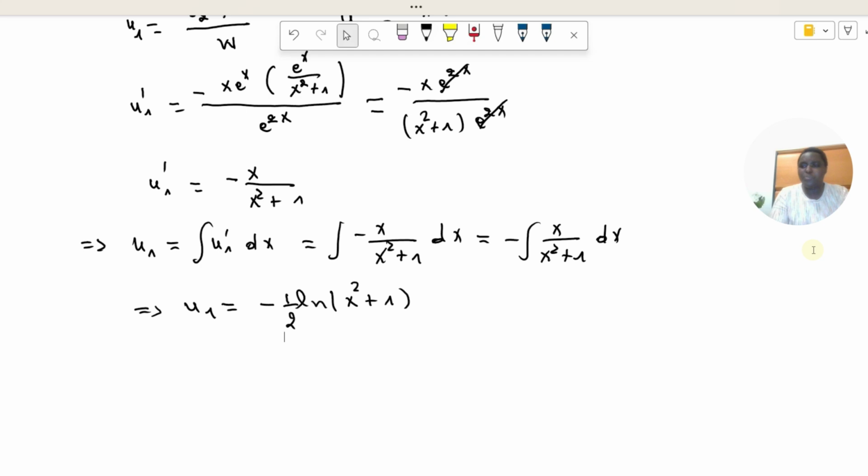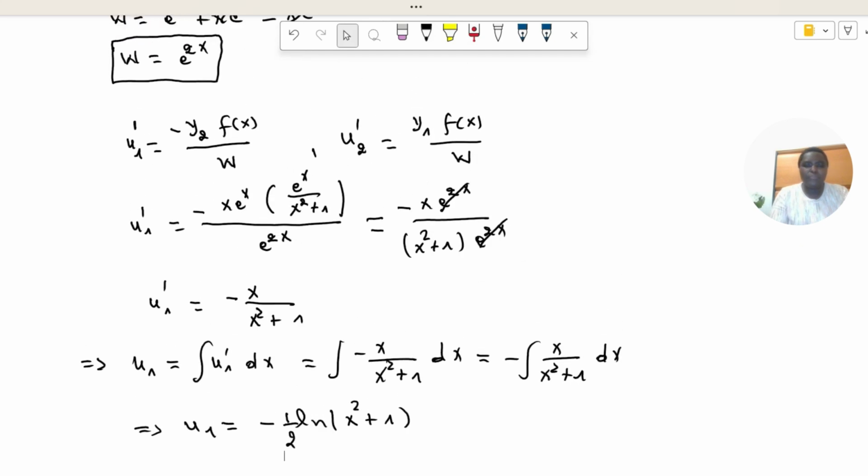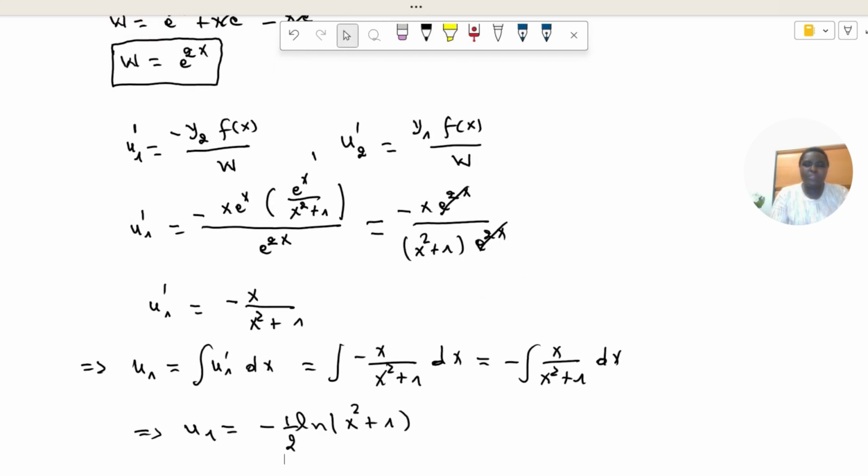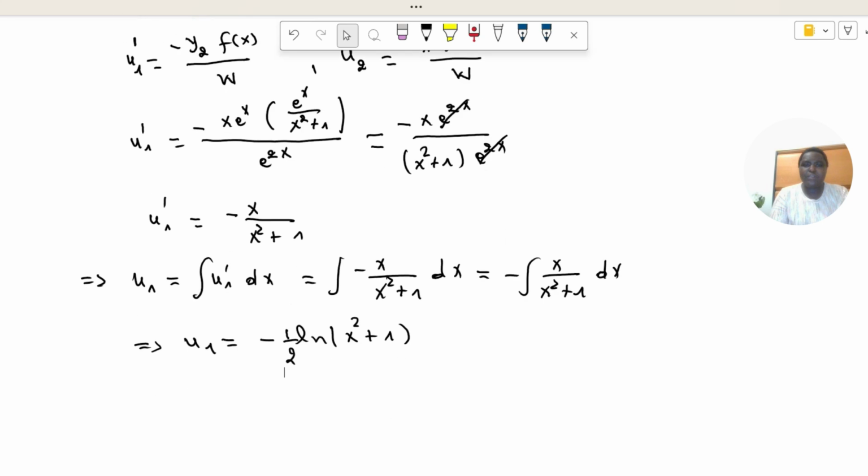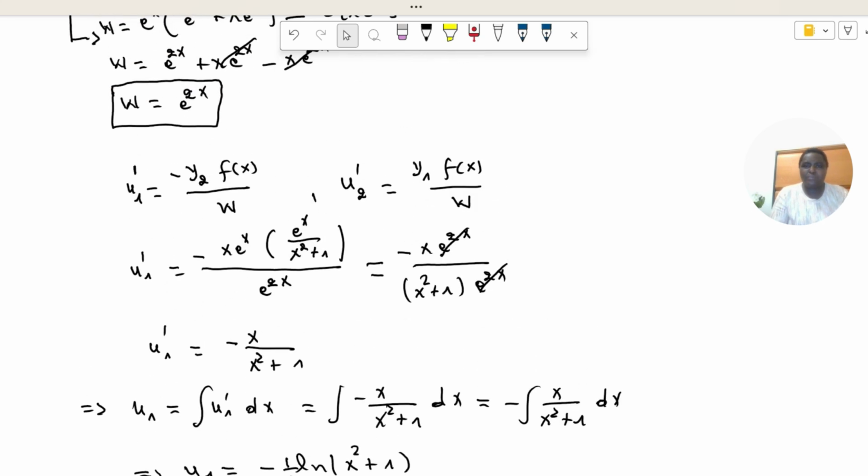To compute u2, we have to first compute u2 derivative, which, as I have just said, is given by this relationship.